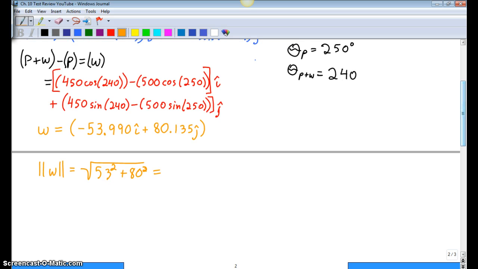That is about 96.63 miles per hour. So we at least have one component of our answer, 96 miles an hour.